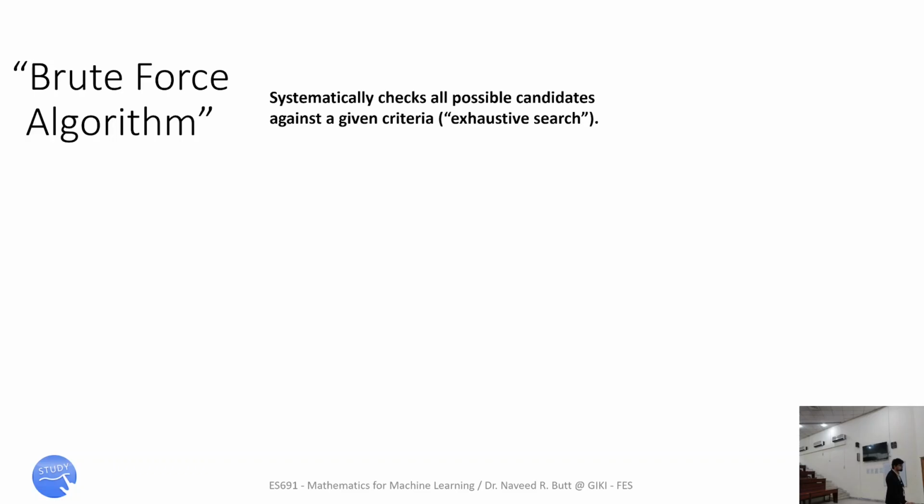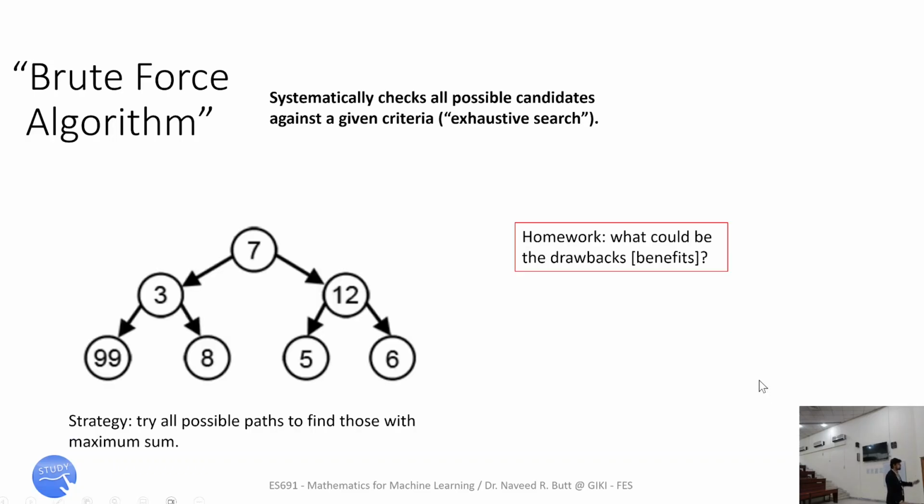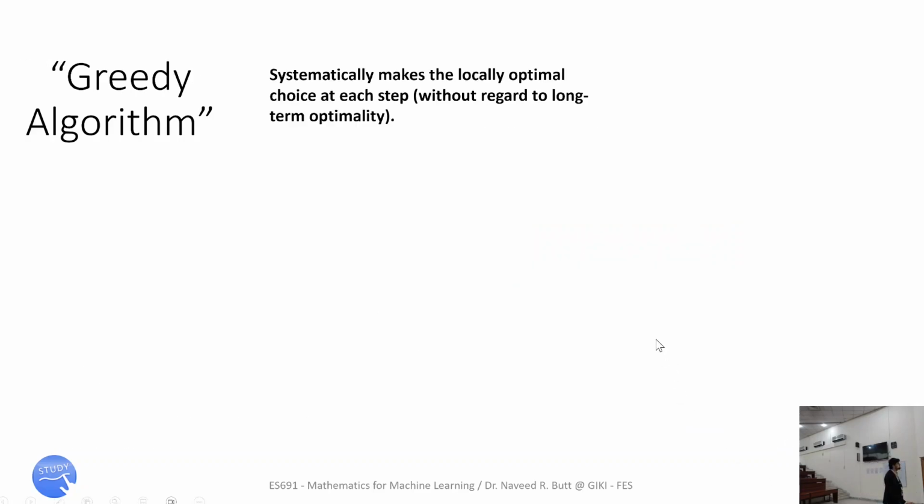So here for example, if you want to find the path with the maximum sum, brute force would say try this, then this path, then this path, and just choose the one which gives you the maximum sum, right? Brute force would say this, which is fine in a small system.